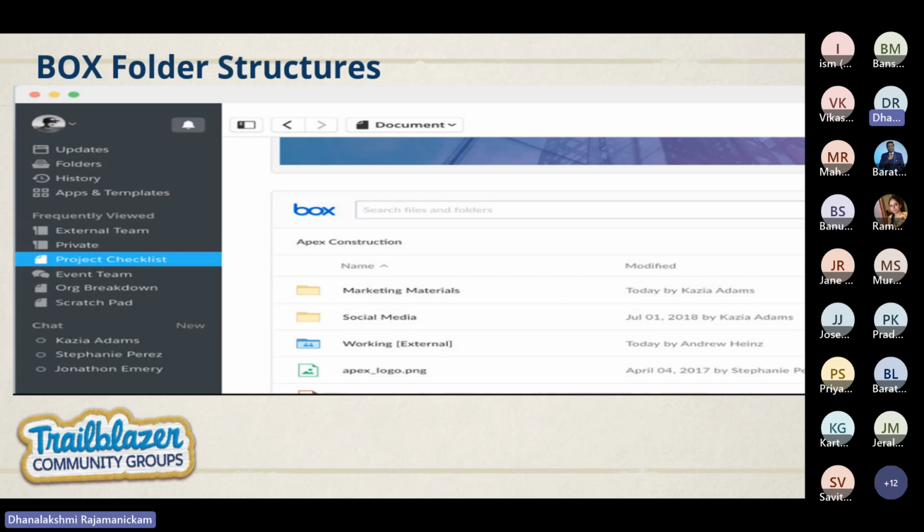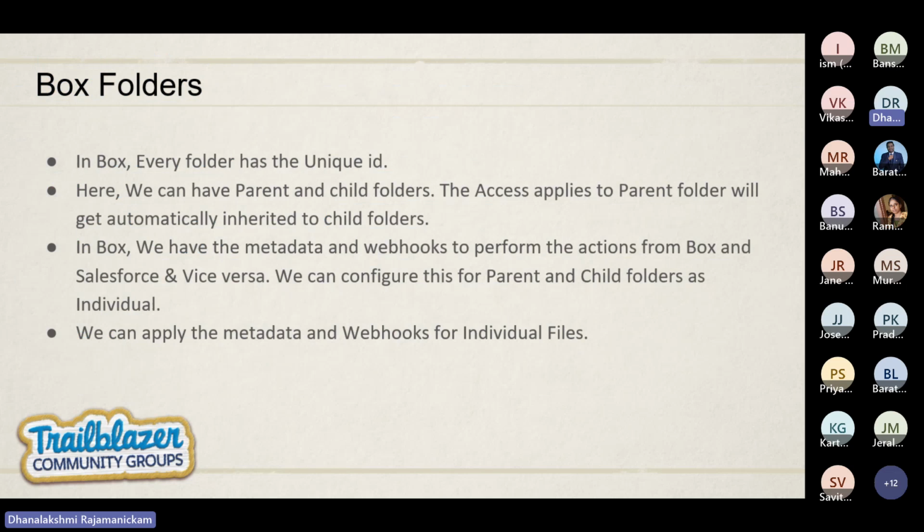Every folder will have a unique folder ID in Box. We can also have metadata and webhooks to perform actions from Box to Salesforce and Salesforce to Box, which means vice versa. We can also configure the parent and child folders individually, and apply metadata and webhooks to individual files as well.